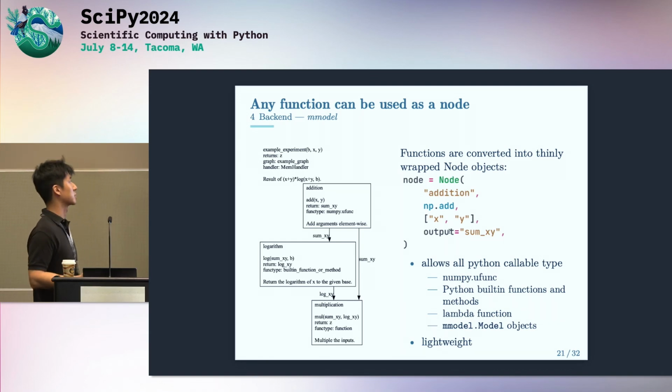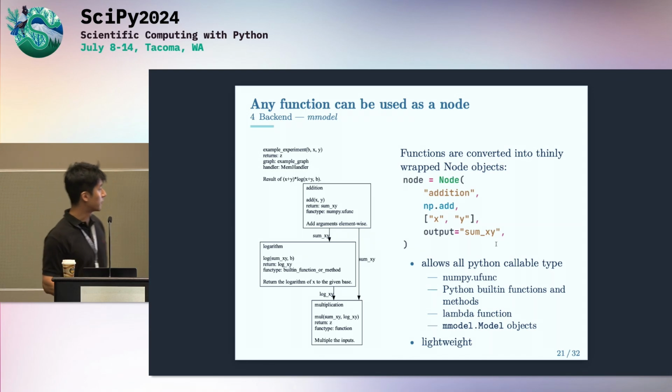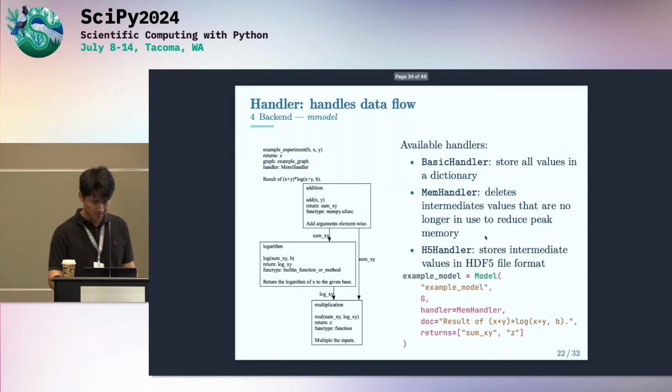There's no restriction on what callable that is: NumPy, built-in lambda, or even a model you created from M model. What you do is really a thin wrap to create a node object. Essentially it changes the signature a little bit and then defines the output.